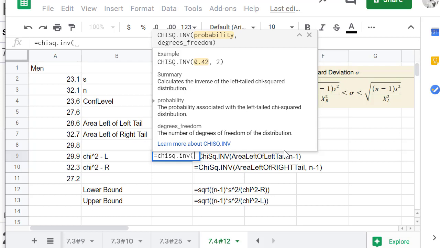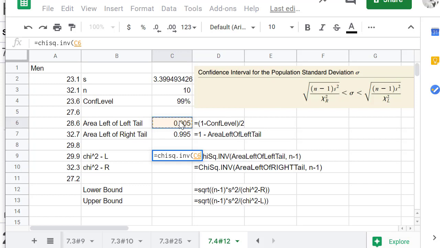So the probability was the area on the left side of the left tail, 0.005, comma, and then they want us to find the degrees of freedom, which is going to be n minus 1. So it looks like our left critical value is 1.7349.